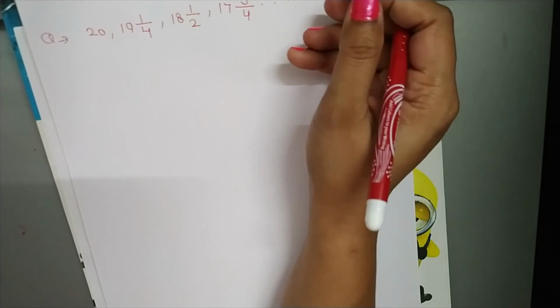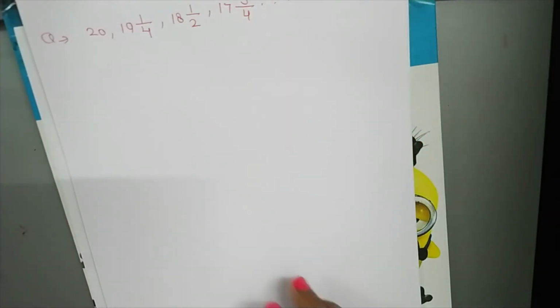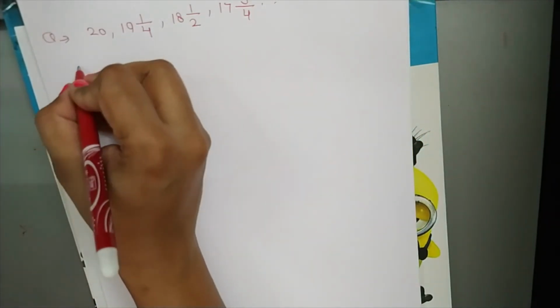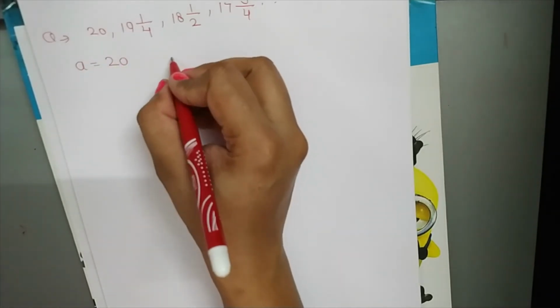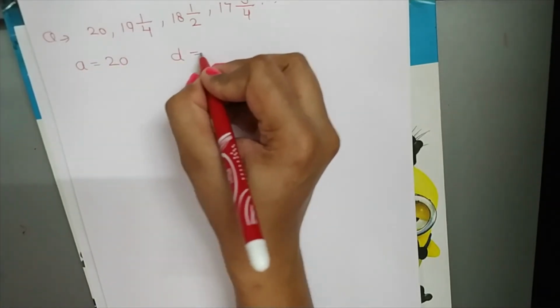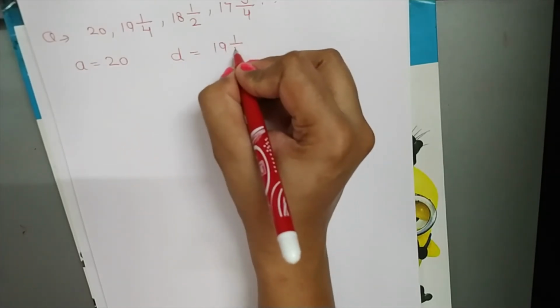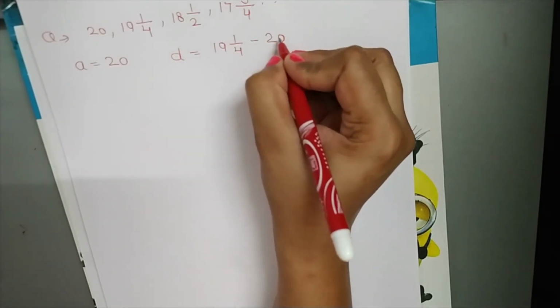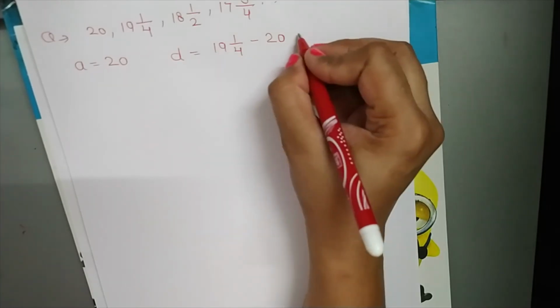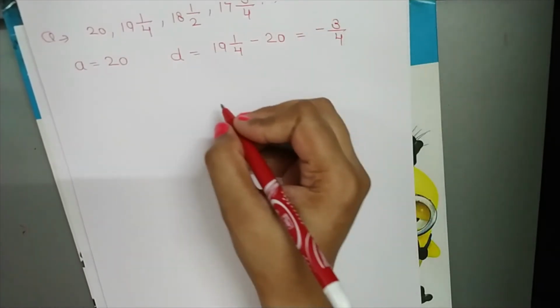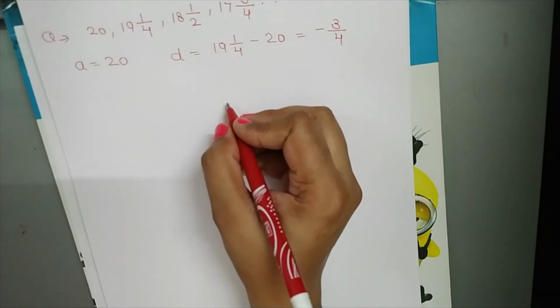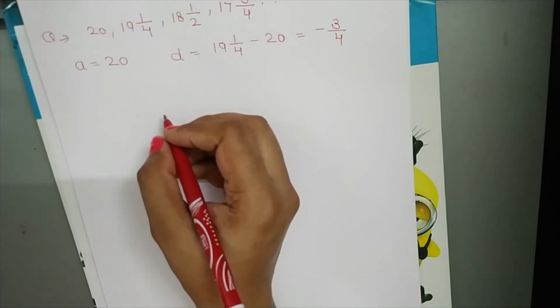Which term will this be? You can see that a is 20 and d is 19 1/4 minus 20, so it will be minus 3/4.